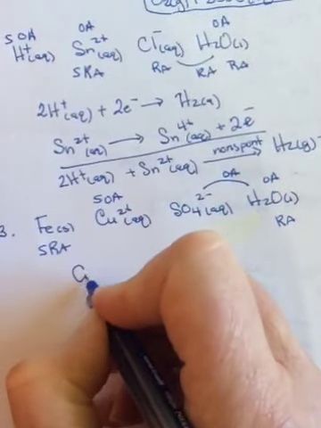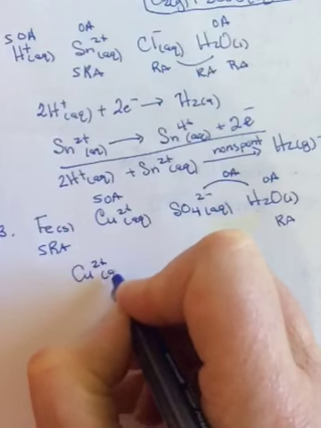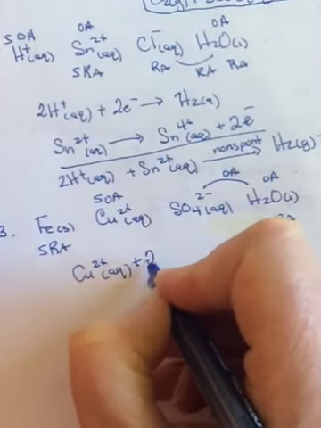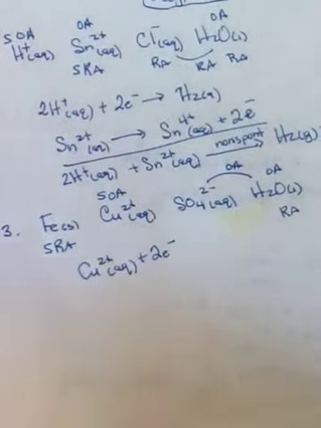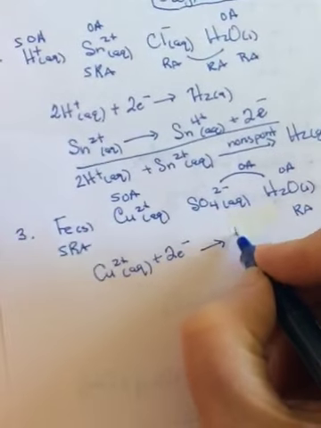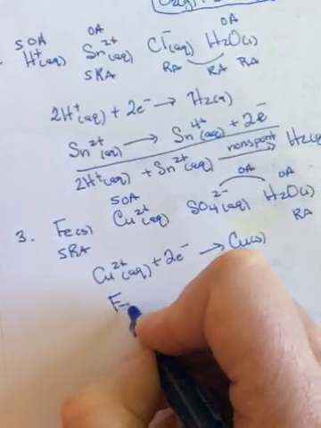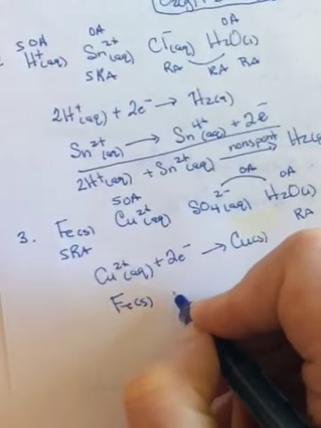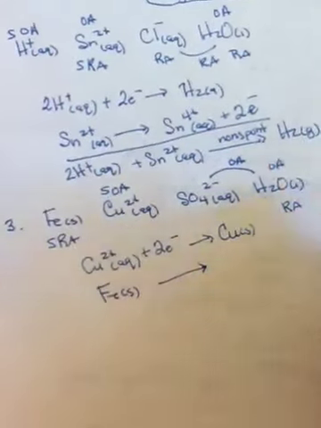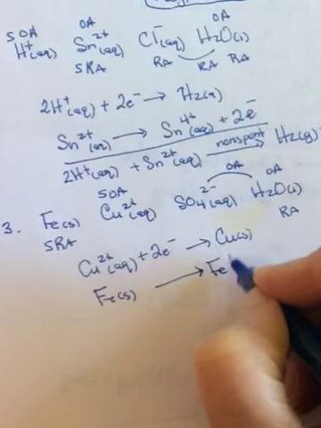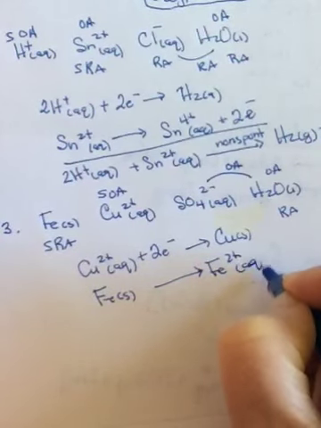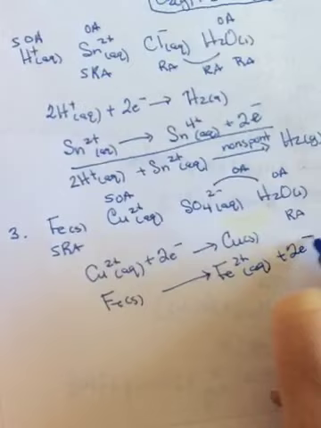All right, so Cu2+ aqueous, and again you can write this right off the chart. Plus 2 electrons is going to Cu solid, and then Fe solid is going to Fe2+ aqueous plus 2 electrons.